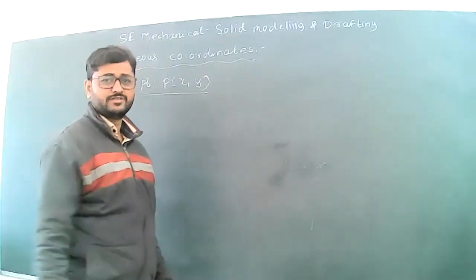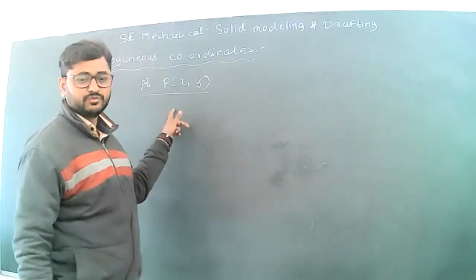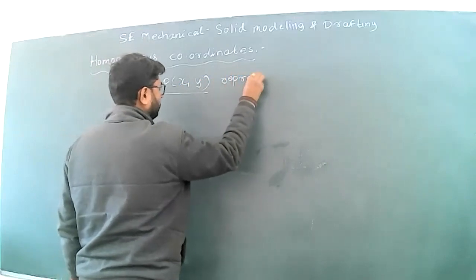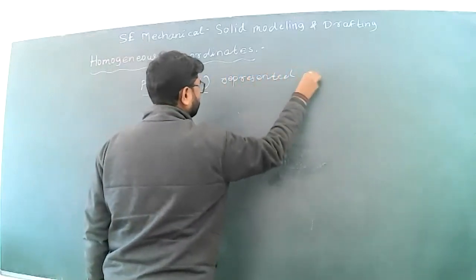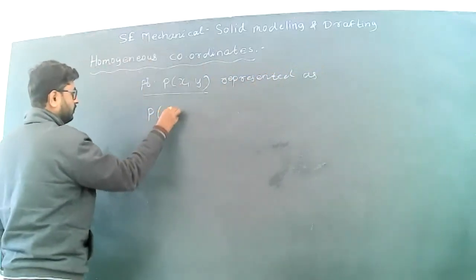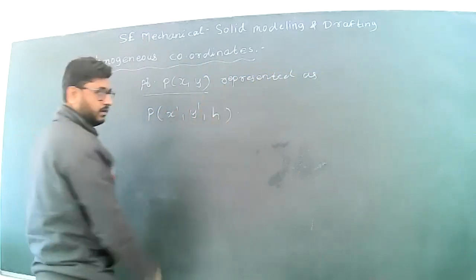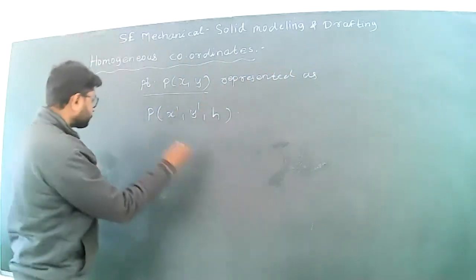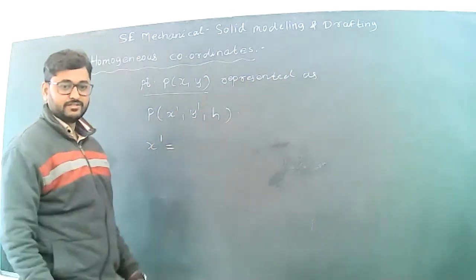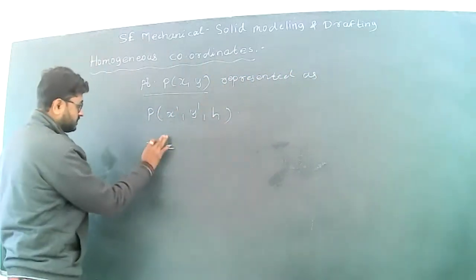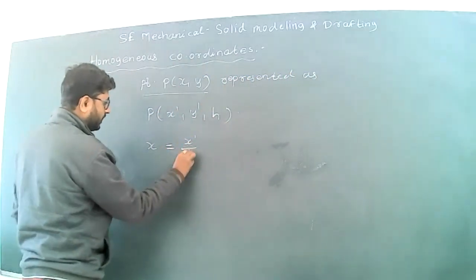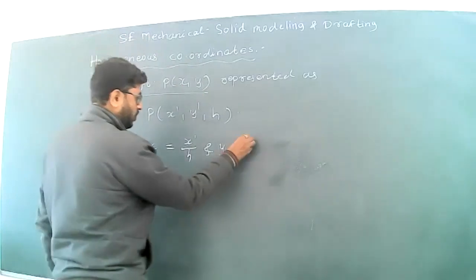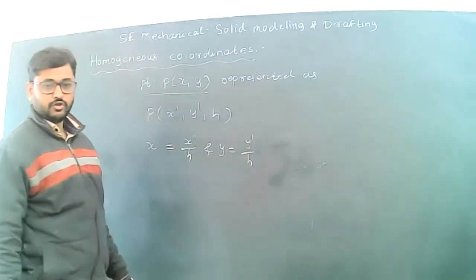While representing it in the homogeneous coordinate system, this point is represented as P(x', y', h), where x is equal to x' upon h and y is equal to y' upon h.